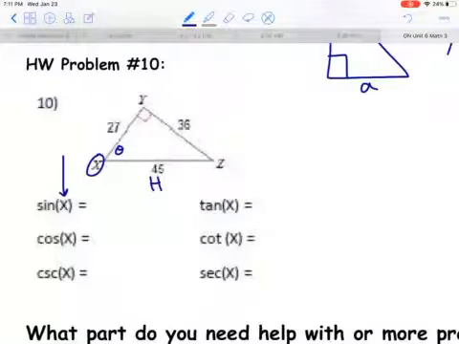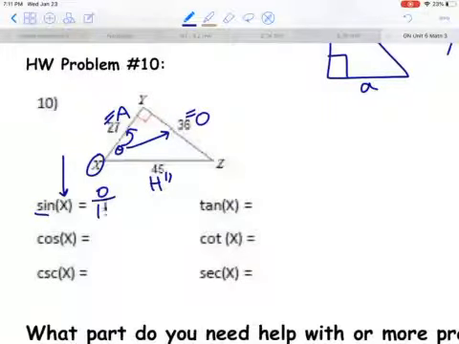And then angle across from that gives me O, which leaves next to it being A. So my sine is O over H, cosine was A over H, and tangent is O over A.